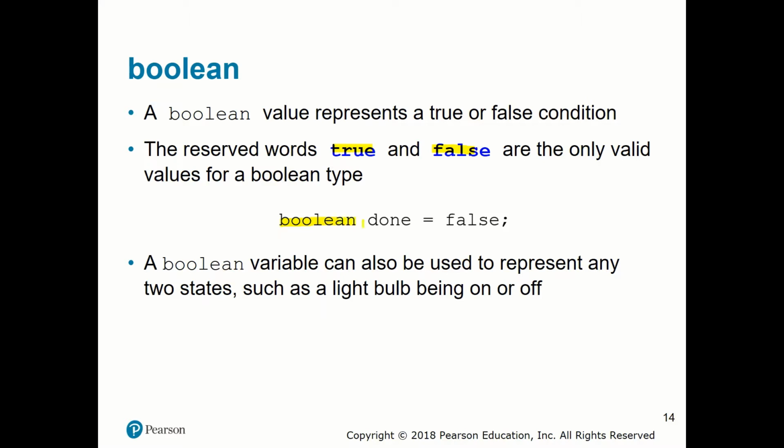This is the data type, and this is the variable, and this is the value to be stored in Boolean data type. A Boolean variable can also be used to represent any two states, such as a light bulb being on or off. So, if only two situations are possible, a Boolean data type should be considered.